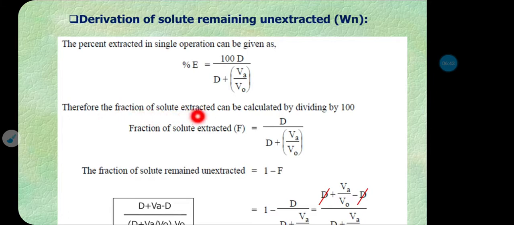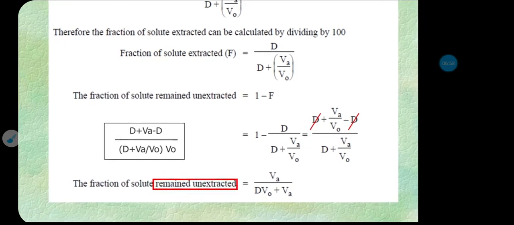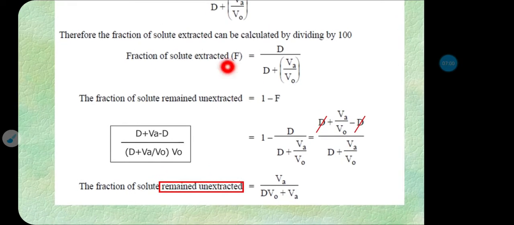Therefore, the fraction of solute extracted can be calculated by dividing by 100, because here we want a fraction instead of percent. So we get fraction of solute extracted F equal to D upon D plus Va upon Vo.